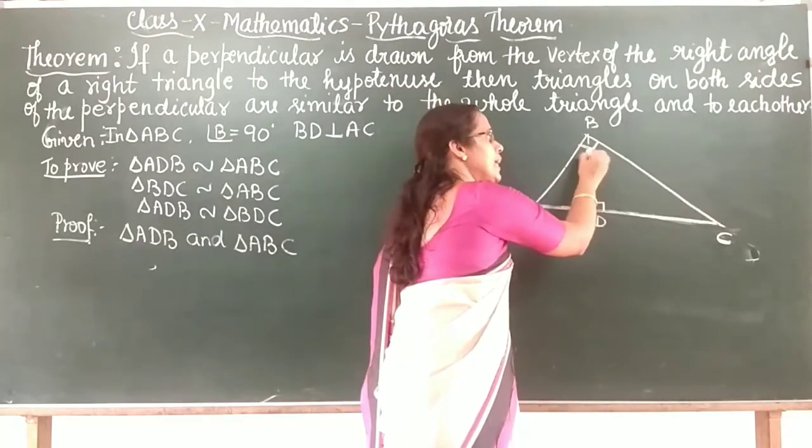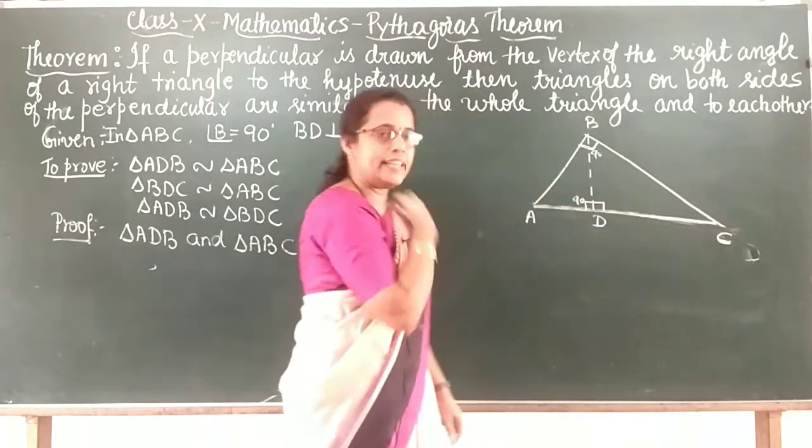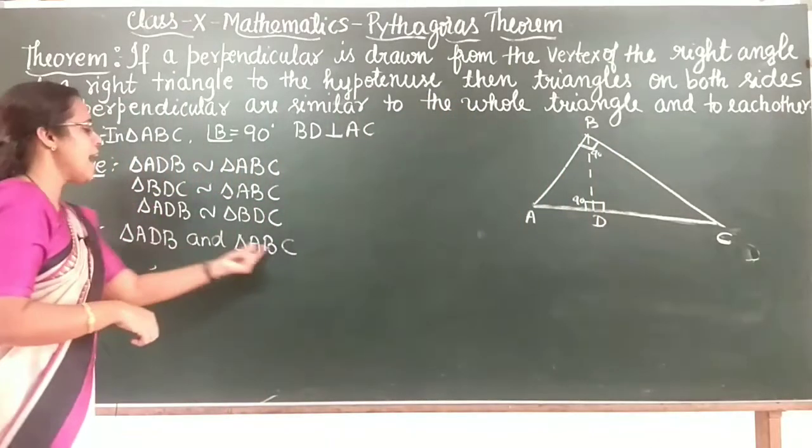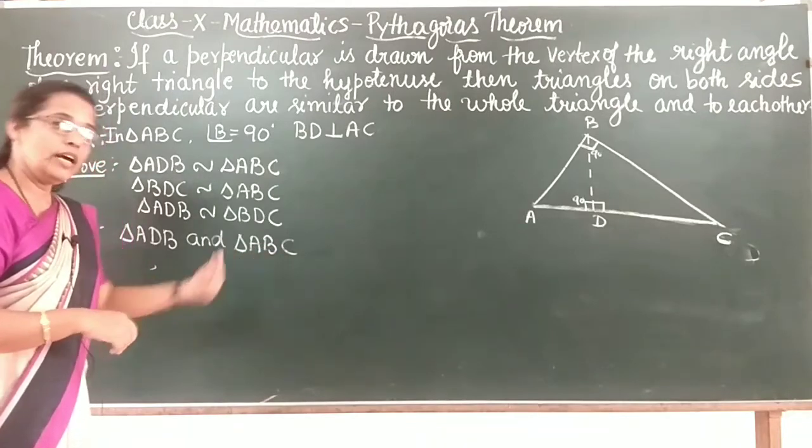In ADB, angle D is 90 degrees. Then what is angle B? That is also 90 degrees. That means angle D and angle B are both right angles.